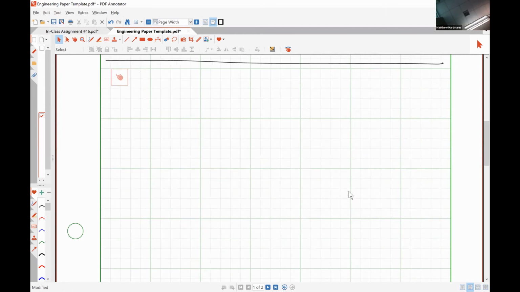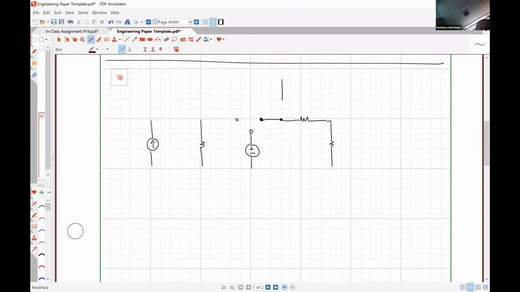All right, so let me redraw this again, but give myself actually the room that I need to do it. Inductor.